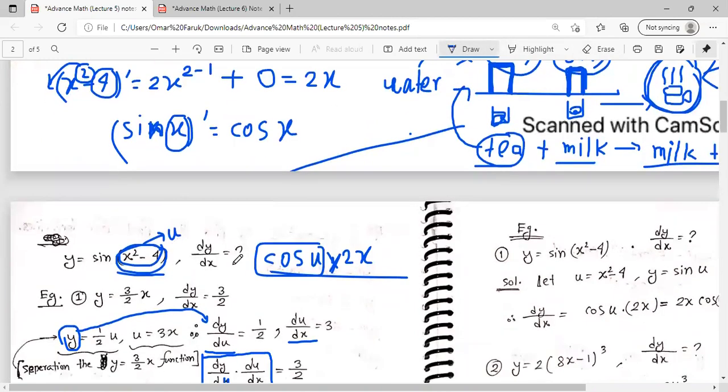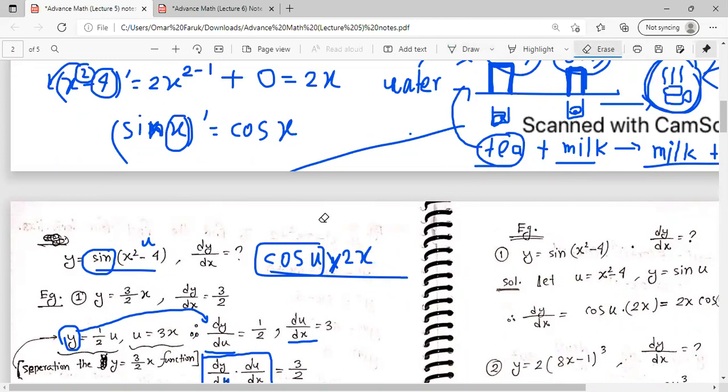So this way we calculate the derivative of sine of x squared minus 4. Firstly, we calculate the outer function, sine u, so it will be cos u.